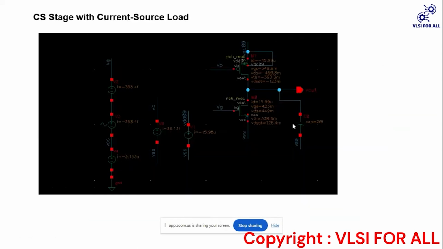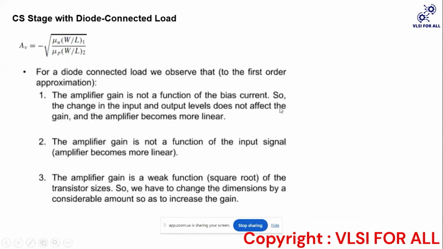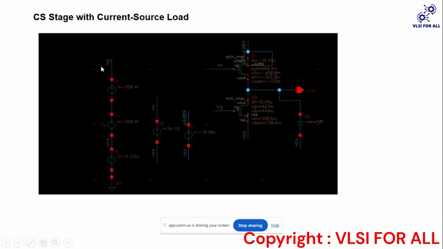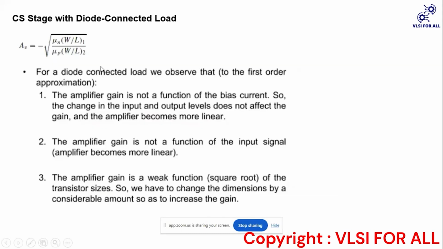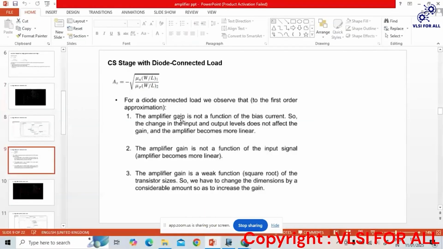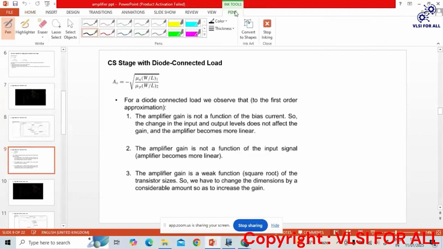So yeah, here the gain will be minus gm1 divided by gm2. So what will be the gain here?